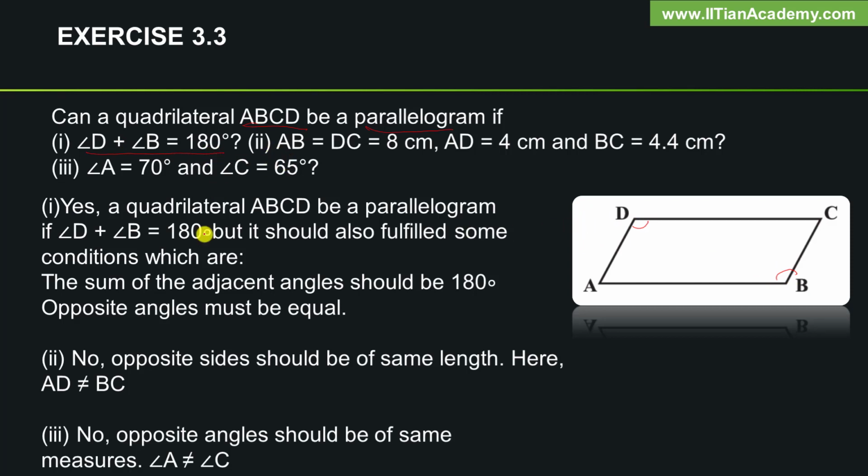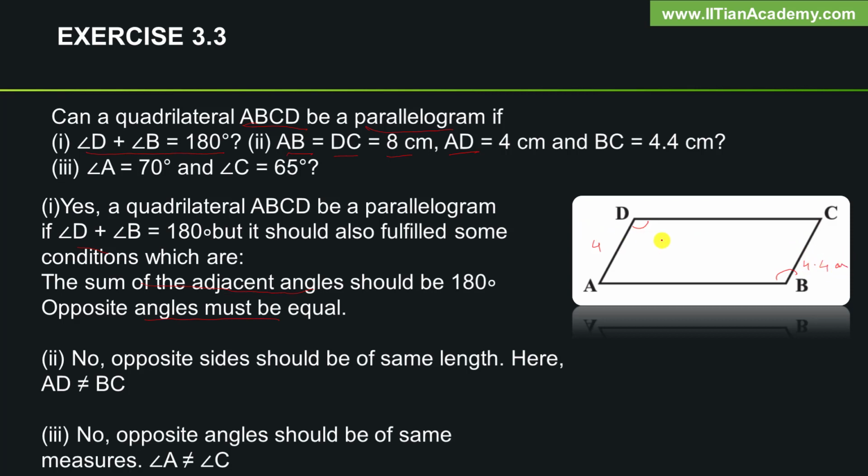With this condition, it is possible that ABCD is a parallelogram if other conditions of a parallelogram are fulfilled. Second, AB equals DC equals 8 centimeters and AD equals 4 centimeters and BC equals 4.4 centimeters.